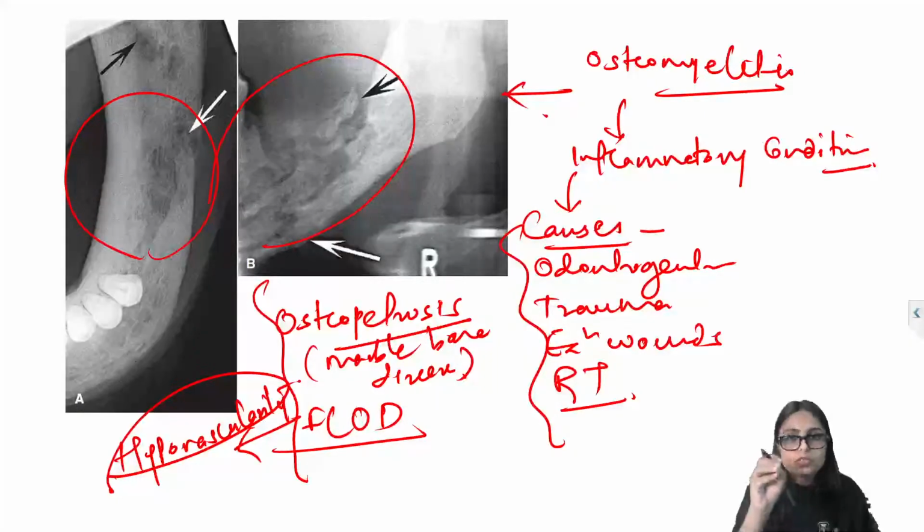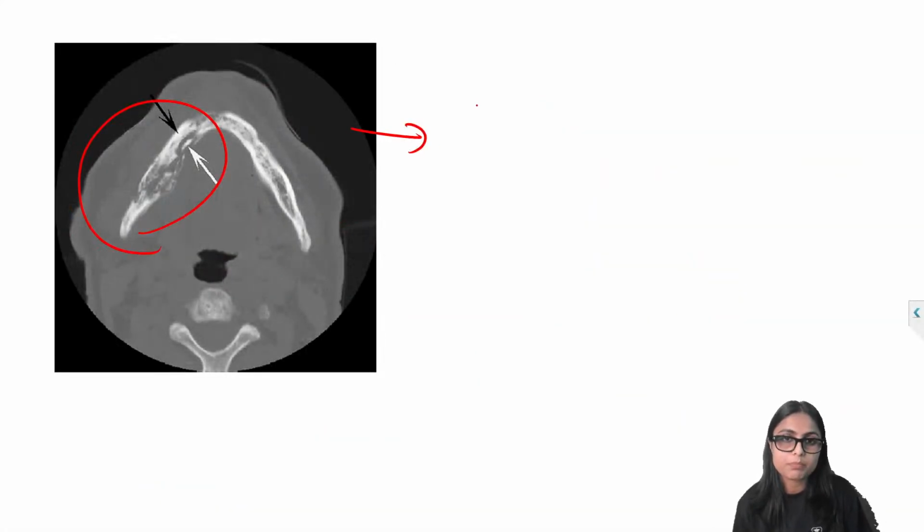Okay, so just know the causes, the conditions which can cause this osteomyelitis, and the radiographic feature, as you can see over here. The first radiographic feature or the earliest sign of osteomyelitis, this is also osteomyelitis, moth eaten appearance.